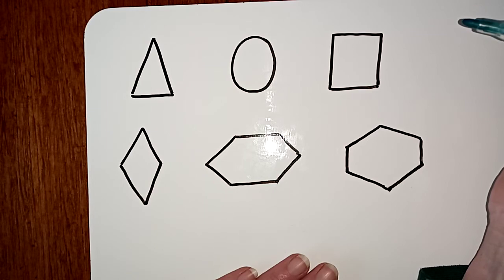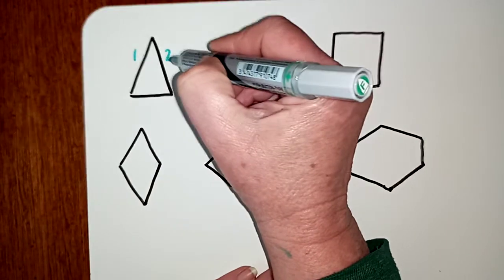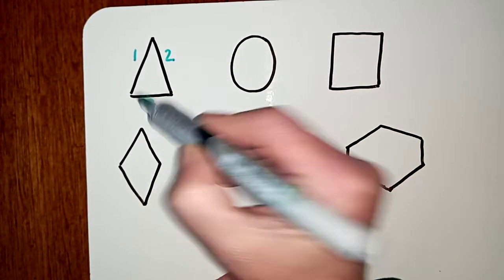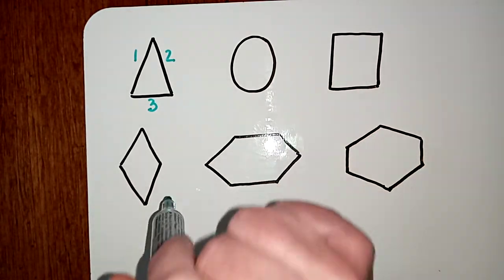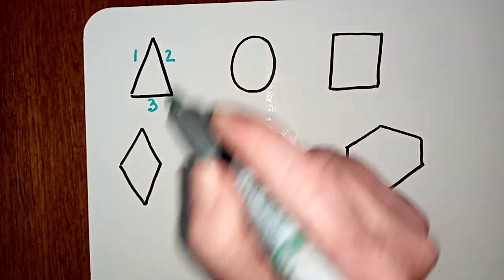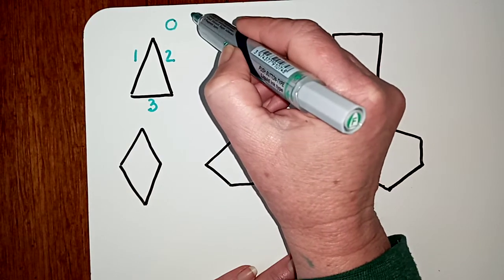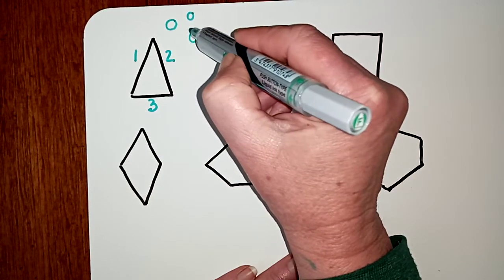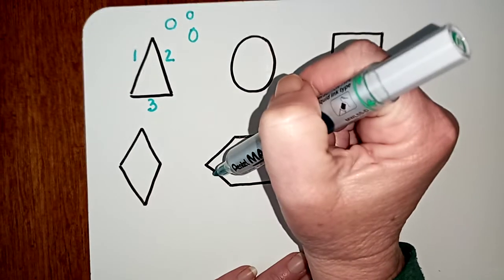So if we speak about triangle, it has 1, 2, 3 sides. So triangle's got 3 sides. How many wheels does a tricycle have? Correct. A tricycle has 1 wheel in the front and 2 wheels at the back. So tri means 3.